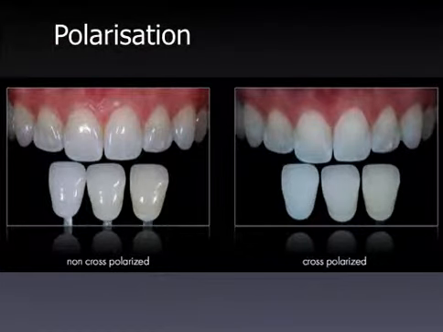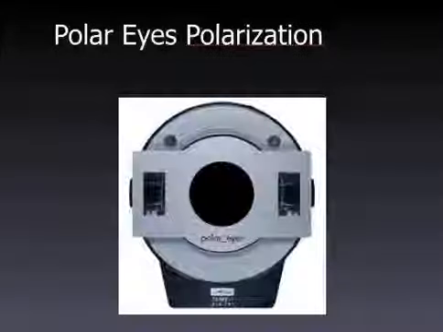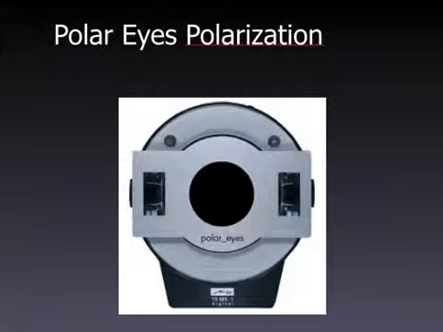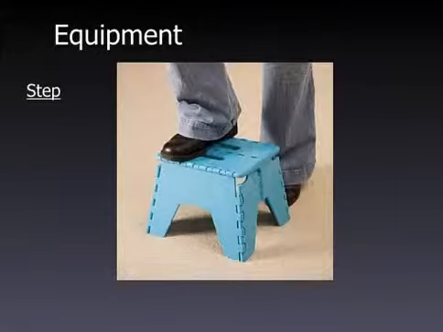And here we can see the two, and this is taken from the Polarize website, and this is the attachment. So it filters the light as it leaves the flash, and it filters the light entering back into the camera, helping reduce the reflection. The unusual bit of equipment might be a step, because as we'll see in a minute, the height or the position of yourself is important when taking images.